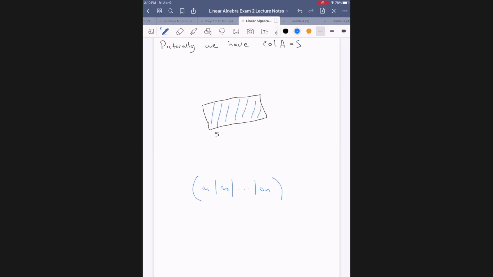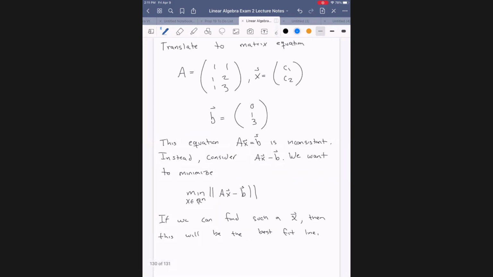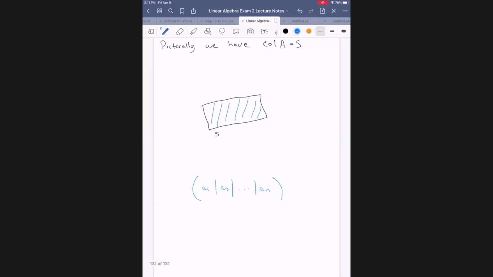It's all possible linear combinations of the columns of A, which is basically all possible solutions to the equation AX equals B. So the vector B that we're trying to find isn't going to be in here, but we're going to try to minimize the distance between.